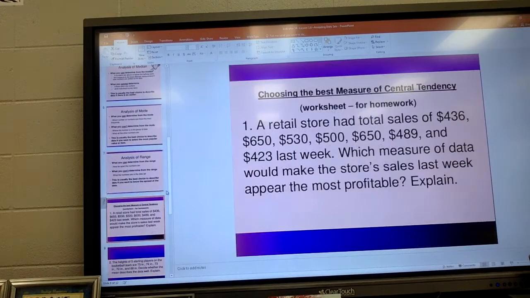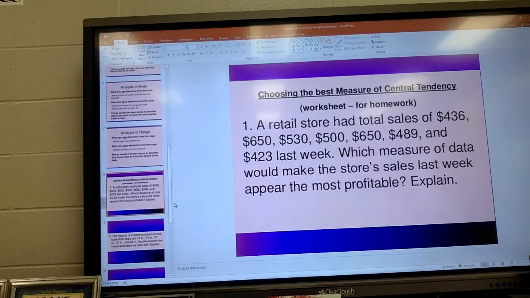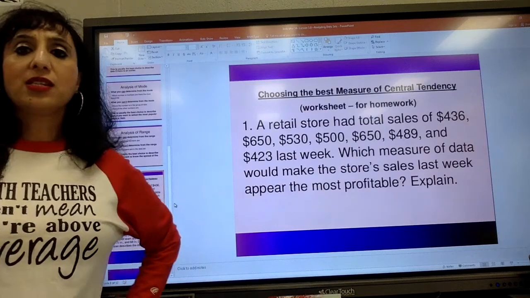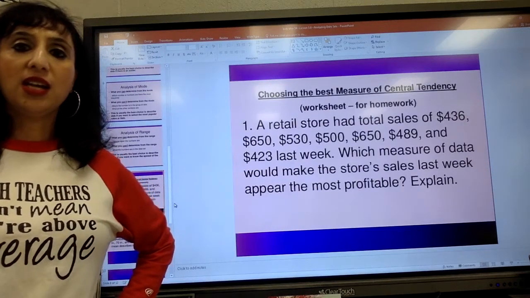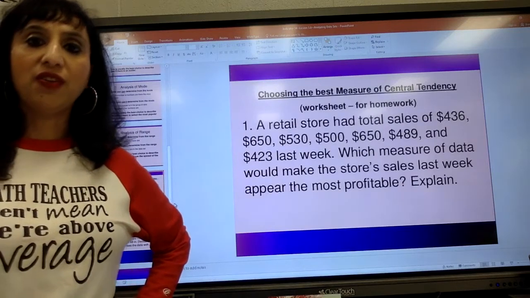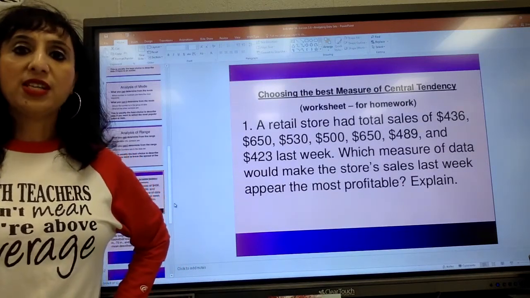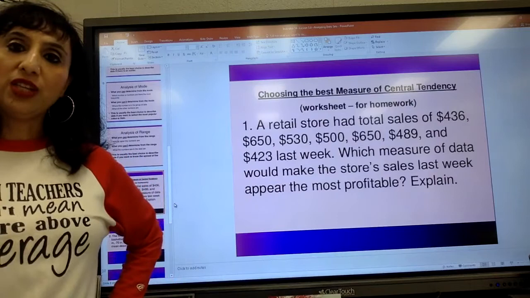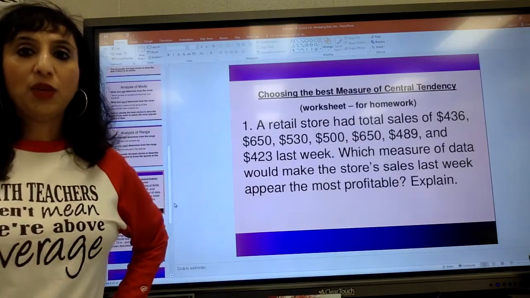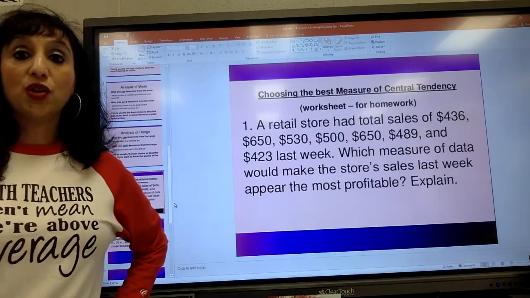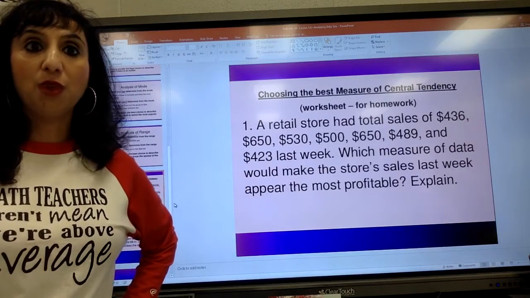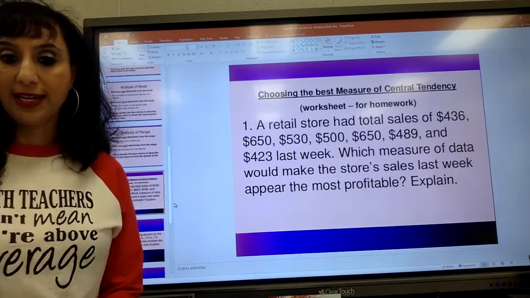So let's look at a few examples. Over here it's saying a retail store had total sales of $436, $650, $530, $500, $650, $489, $423 last week. Which measure of data would make the store sales last week appear the most profitable? Explain.